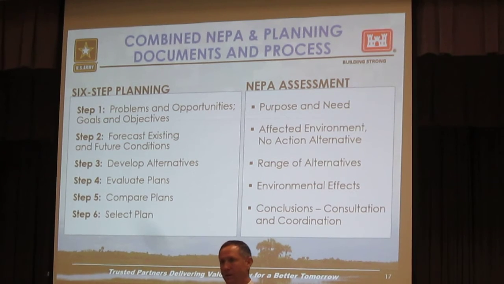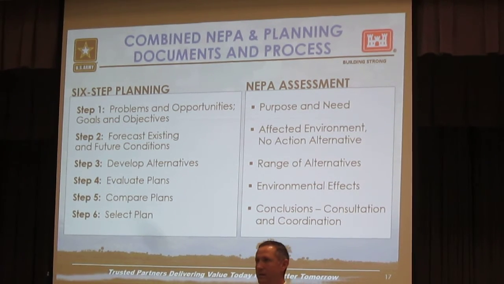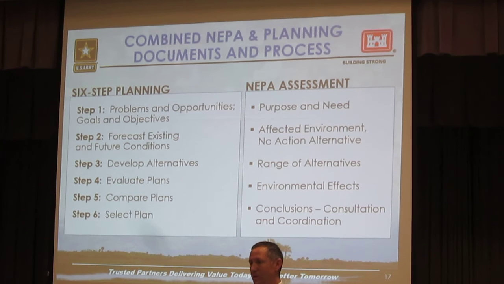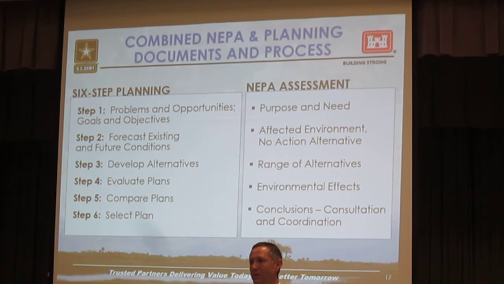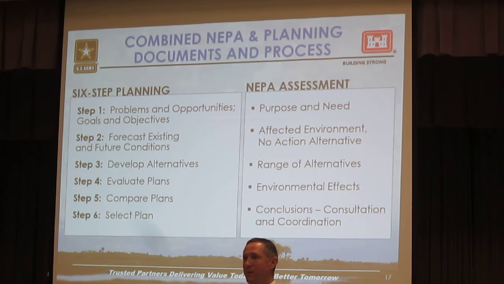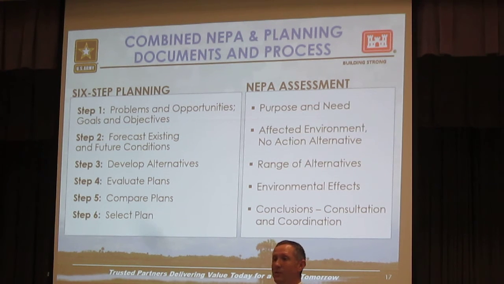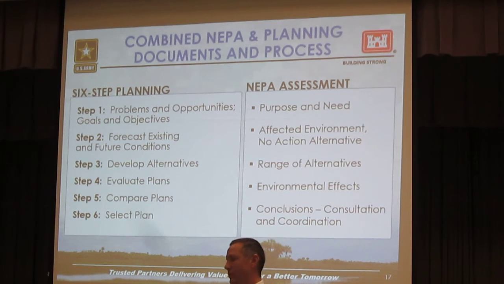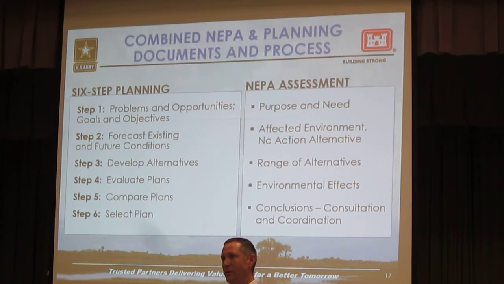Now, Kelly mentioned the planning process, and there's also this NEPA process. We try to integrate those, making things as integrated as possible. As part of the core 6-step planning process, the first step for any restoration project or any water resources project is what are the problems and opportunities we're trying to address, and focusing in on the goals and objectives.